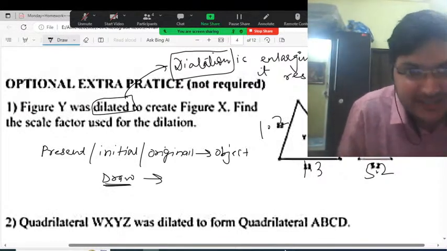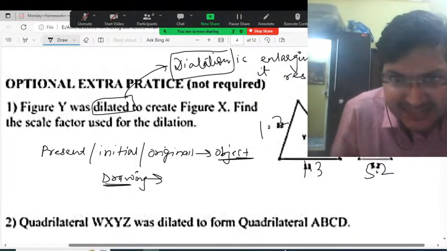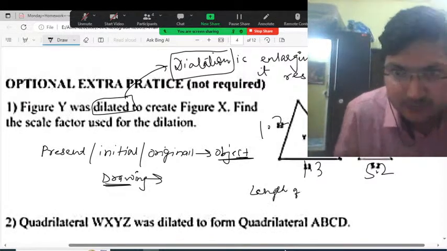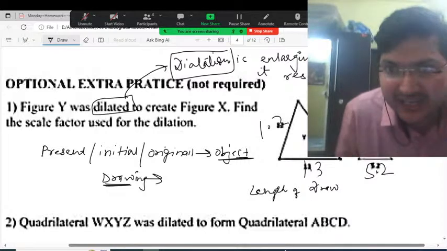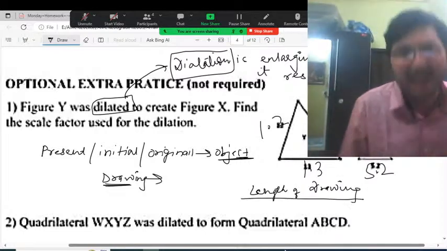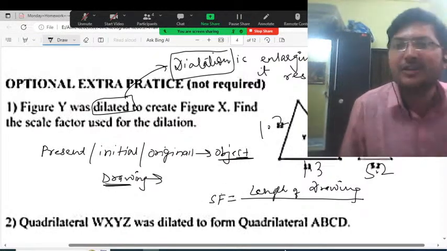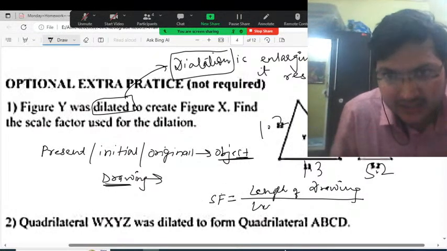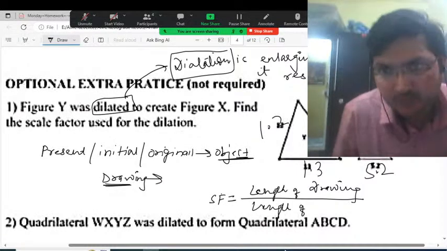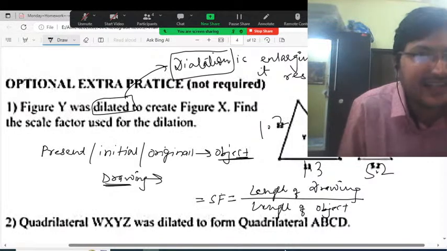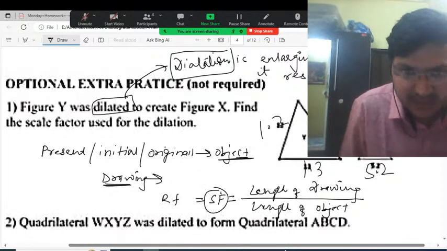If we take the ratio of drawing to object, you call it the dilation factor, or simply the scale factor, or SF. SF is equal to length of drawing over length of object. It also has another name, representative factor, but we generally use SF here.